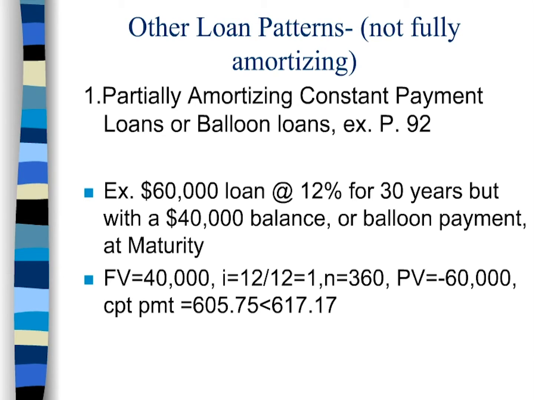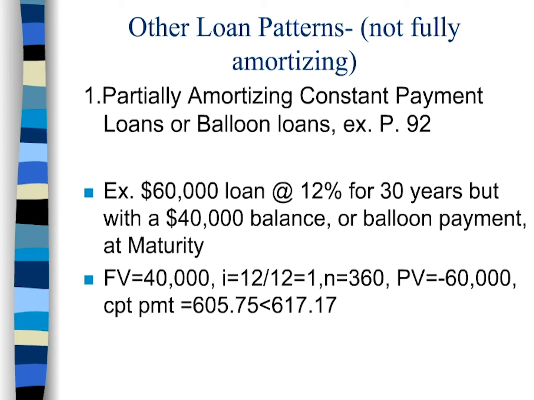So often these are done with second mortgages. Say you had a $60,000 loan, but the difference here is that at the end, instead of your future value being 0, it would be $40,000. So really over the 30 years, you'd only be paying off $20,000 of it, and all of a sudden you'd have to pay off the rest, the 40, at the end.